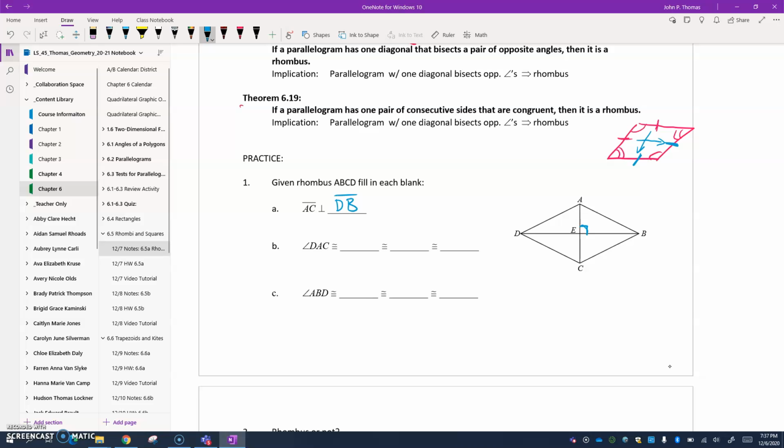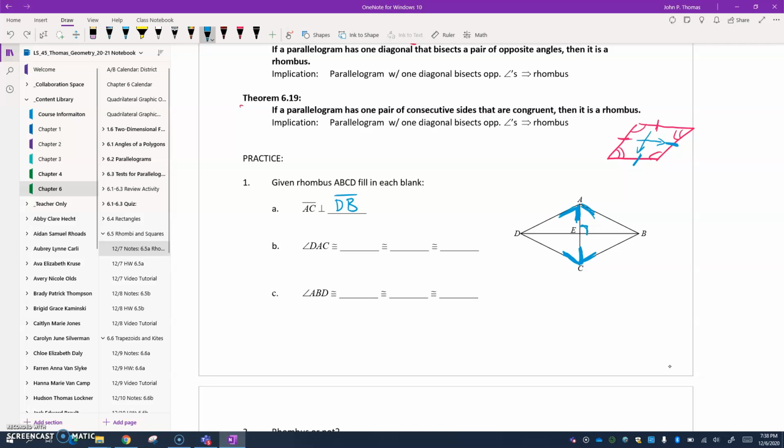Then it says that angle DAC, and again, I'm just going to mark that here so we can see it. So DAC is congruent to. Now, this is where we're going to use that the diagonals bisect opposite angles. So we're really going to end up with 4 angles here that are all congruent, and it's those 4 that I've kind of marked in blue.